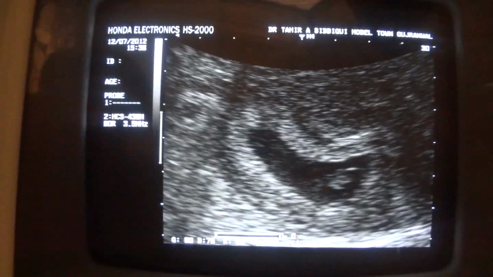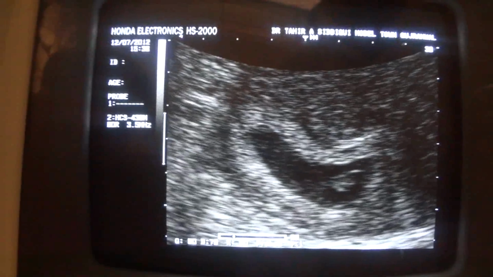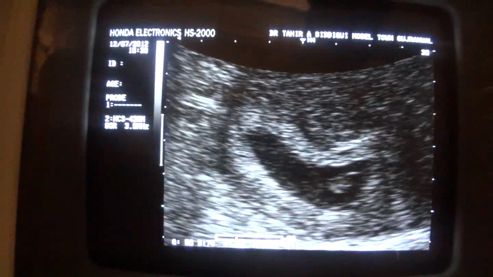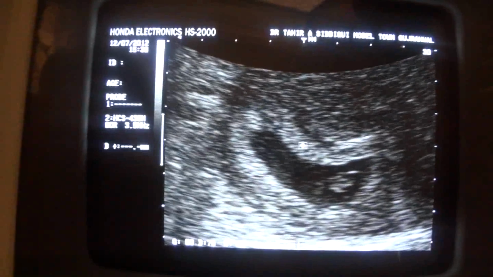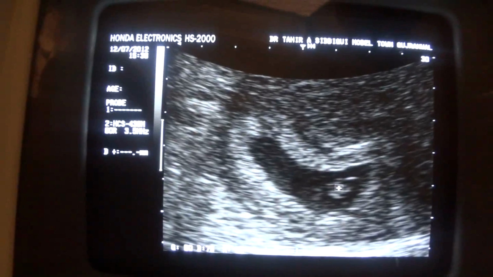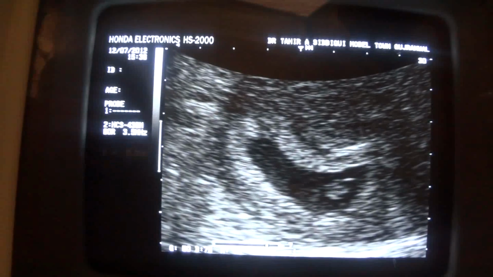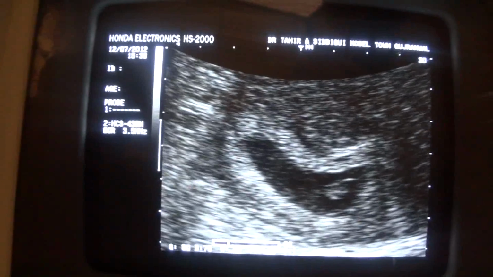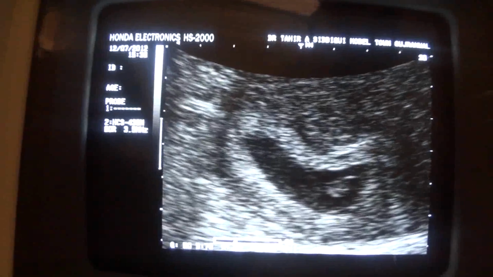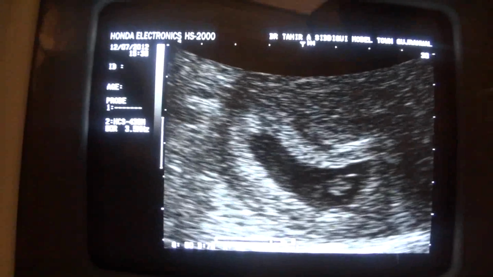Now I don't have to measure the crown rump length, but if you concentrate on this area, you will see cardiac flicker, and when cardiac flicker is present, it is understood that the pregnancy is 7 weeks.